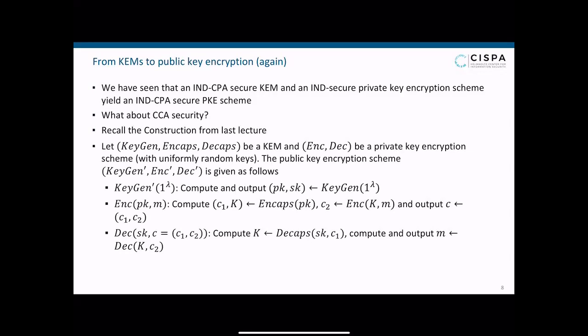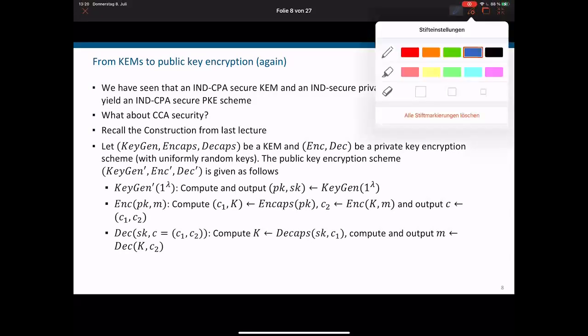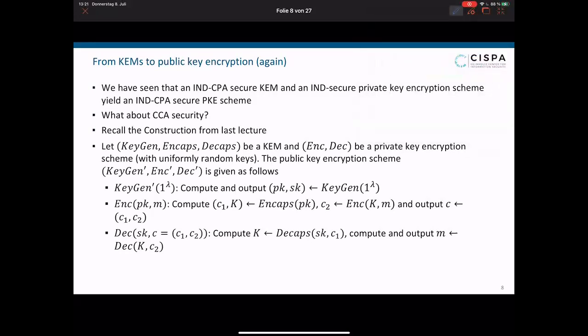So let's say KeyGen, Encaps, Decaps is a key encapsulation mechanism, and Enc, Dec is a private key encryption scheme. Then just recall from last time, we constructed a public key encryption scheme, KeyGen prime, Enc prime, Dec prime, as follows. KeyGen prime just does the same as KeyGen. It creates a pair of public and secret keys for the key encapsulation mechanism.